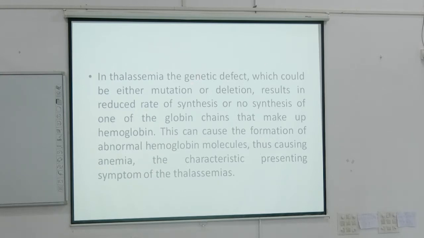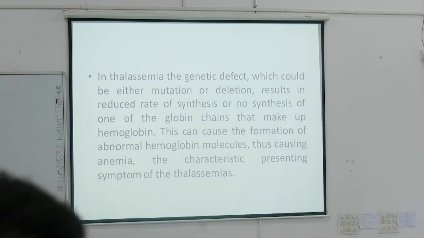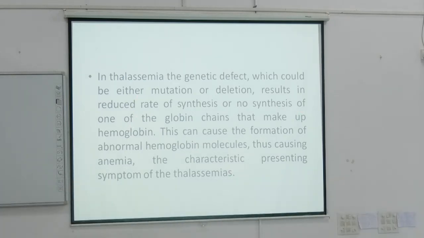So what you need to remember: it is a genetic defect, which could be due to mutation or deletion, resulting in reduced rate of synthesis or no synthesis at all of one or more globin chains. How many globin chains are there?